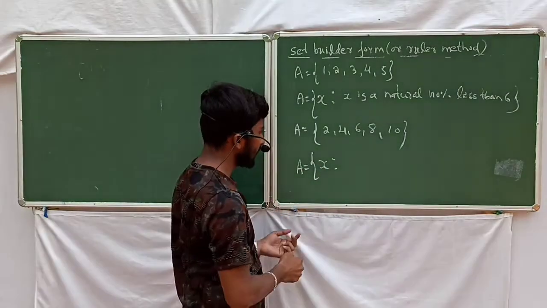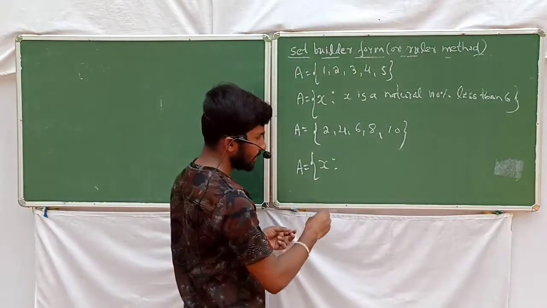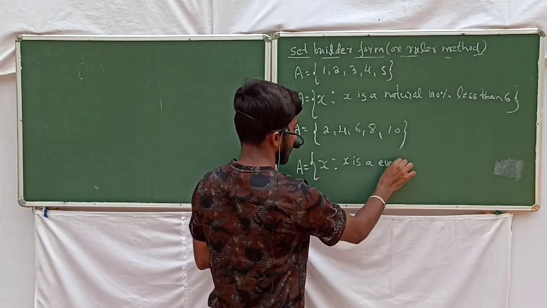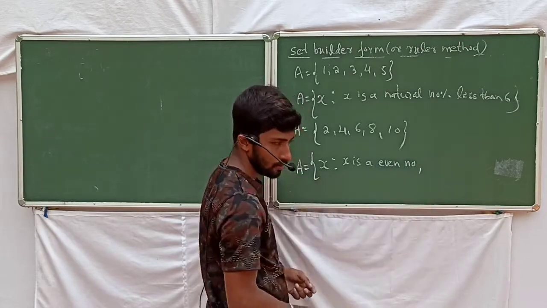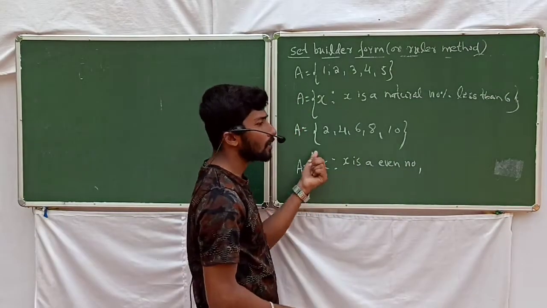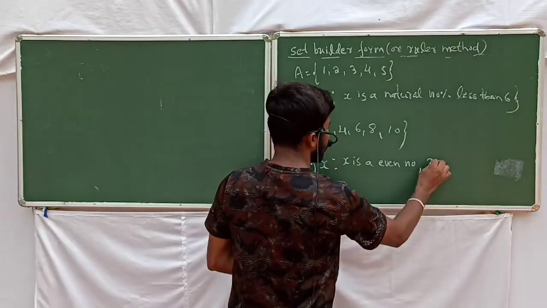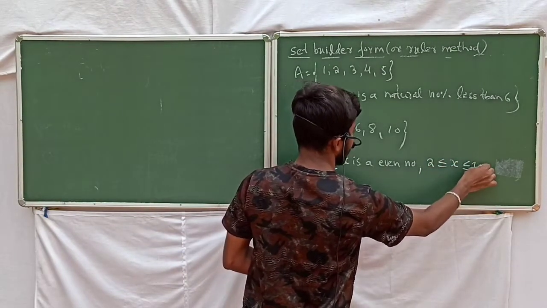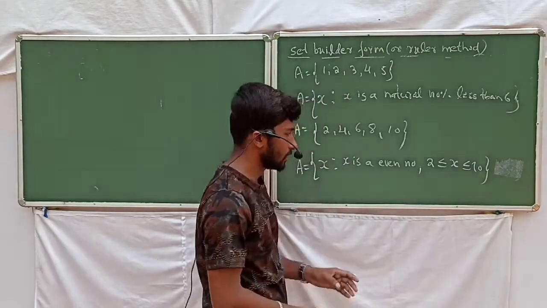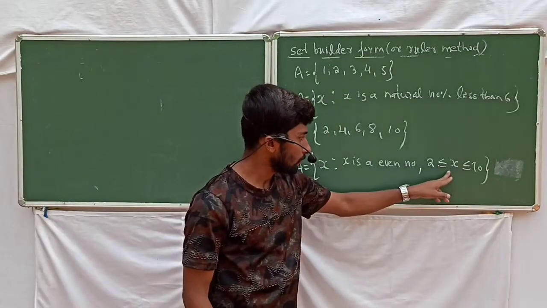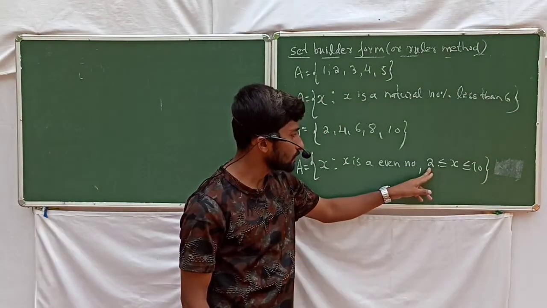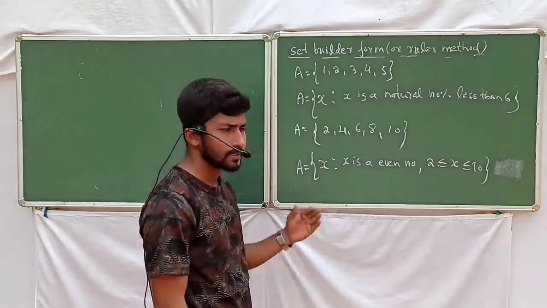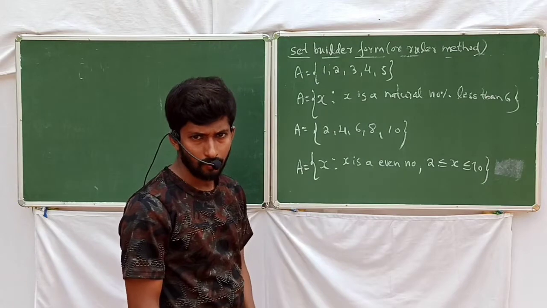So you can write it as set of all x such that x is an even number, comma, x varies from where to where? 2 less than or equal to x less than or equal to 10. That means all the even numbers, but it varies from 2 to 10. This is how to write set in the set builder form.